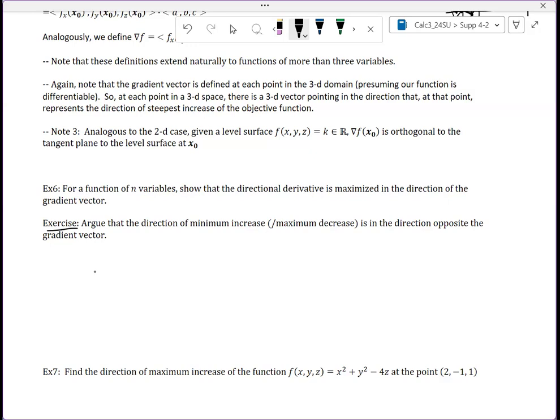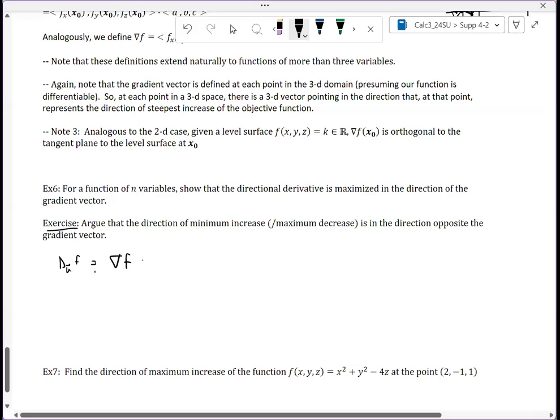Okay, so the directional derivative in direction u of function f, we said, is grad f dot u.